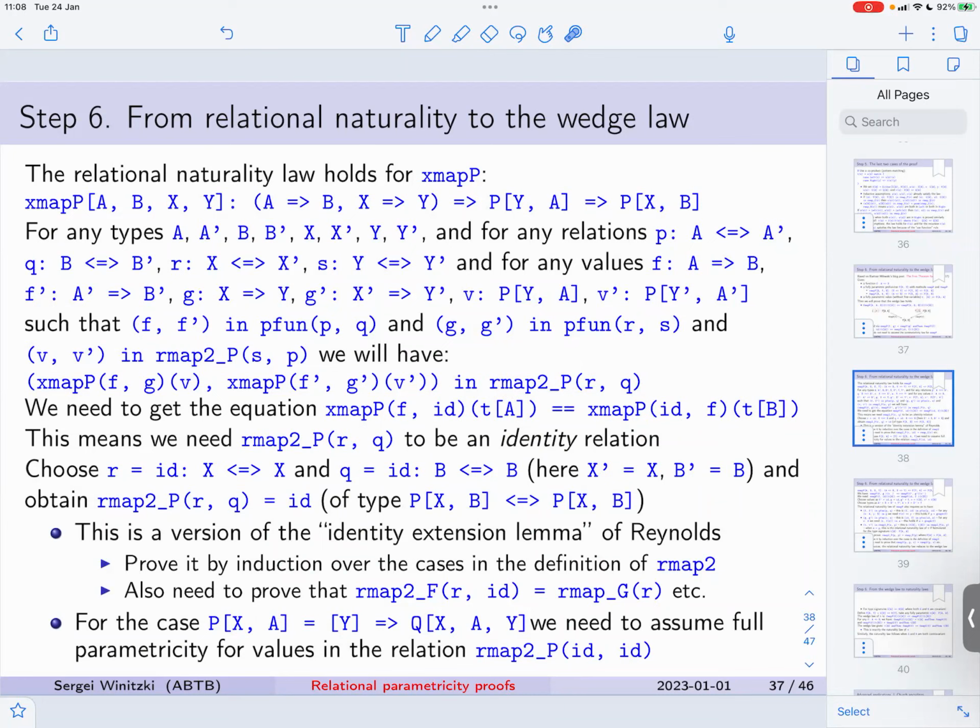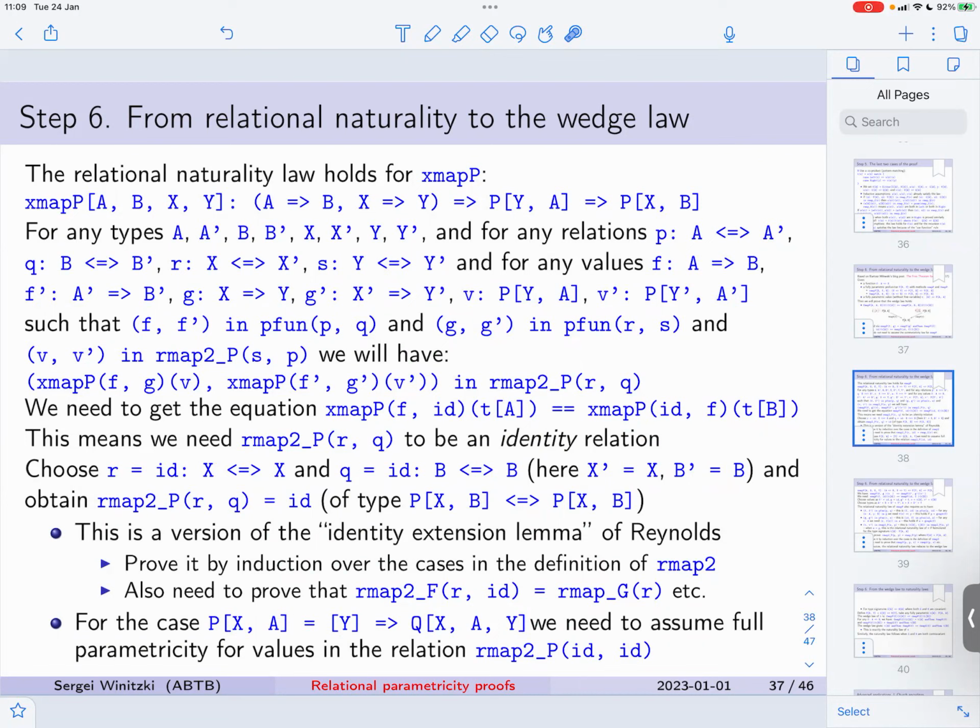So how do we get an identity relation? The trick is that we need to know that when you lift identity relations, you also get an identity relation, no matter to what you lift. And that's a special property, that lifting an identity relation always gives you an identity relation.